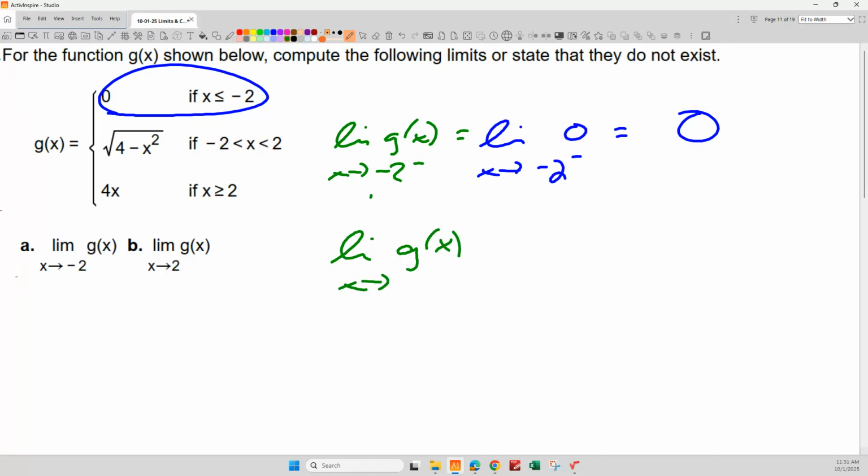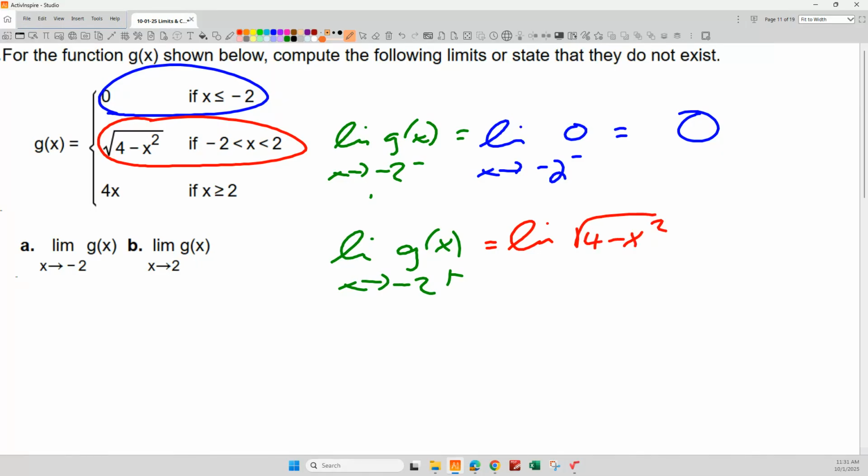The limit of g of x as x approaches -2 from the right, well, that's in that part of the domain, isn't it? I'm approaching -2 from values bigger than -2. I'd be on that middle piece, wouldn't I? Because I'm getting close to -2, right? -2 point something. So I get the limit of square root of 4 minus x squared as x approaches -2 from the right. Well, that's going to give me what? If I evaluate that directly, 0, yeah. So what's that tell us?